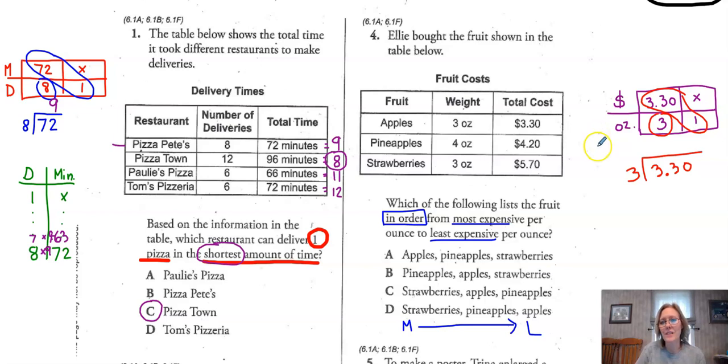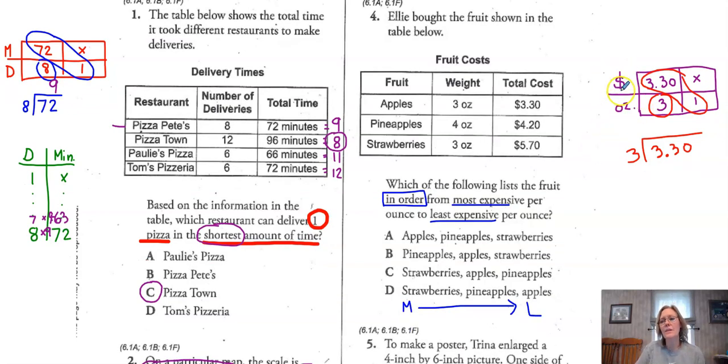Okay, I have a little example of some of the thinking that could go into this. I just have a box to help me organize my thoughts here. I know that I have the cost in dollars, and then I have ounces. So I started with the apples. They cost $3.30 for 3 ounces.